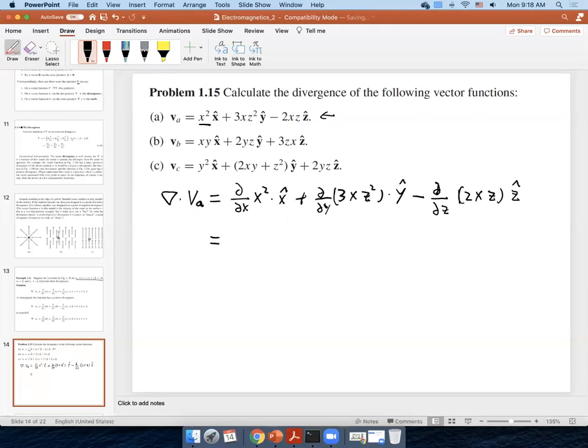Now let's do the first term, partial x squared over partial x. It should be 2x in x direction, plus partial 3x z squared over partial y. So x and z are independent from y, so it's a constant in this derivative. So it should be 0 because that's a constant.